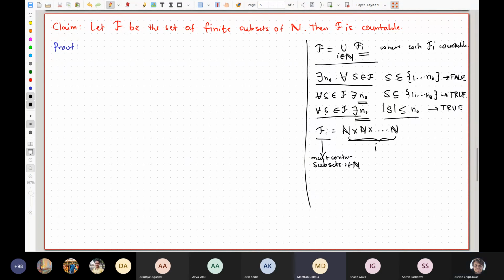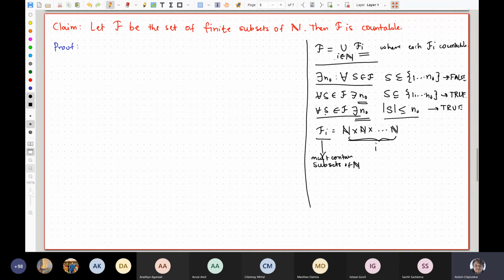Suppose the value of n naught for every set is 1, 2, 3, random values. Then we can take the maximum of all those values and say every subset size is less than this value. There are infinite subsets, no? So you cannot take a maximum over infinitely many. Exactly. So Manthan, let's take this to a discussion forum. Okay. Fine.